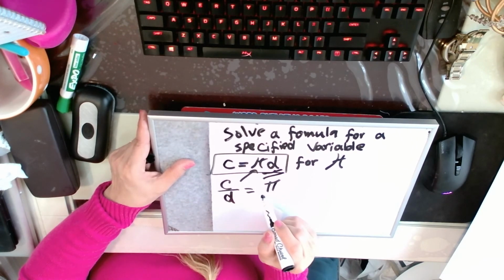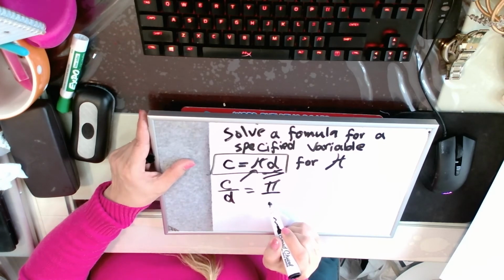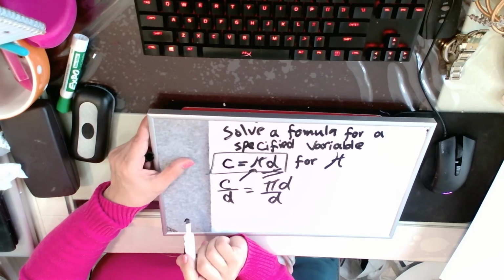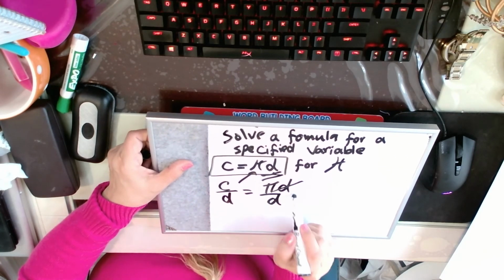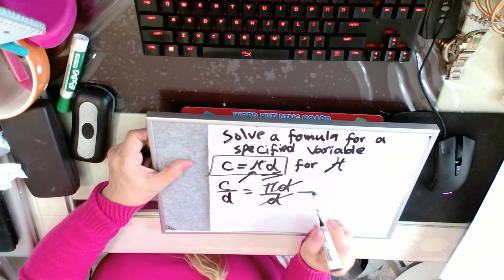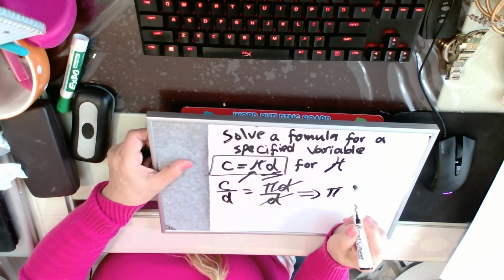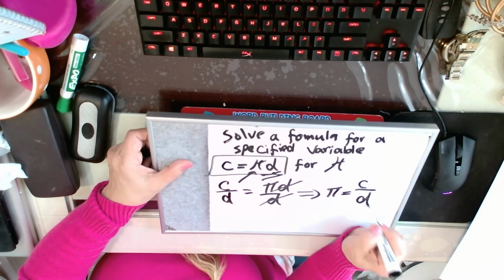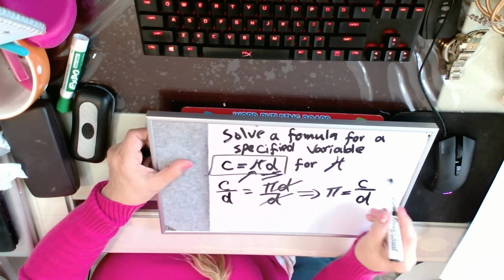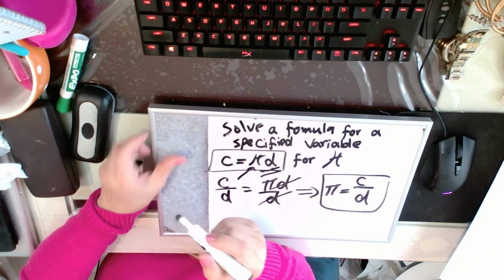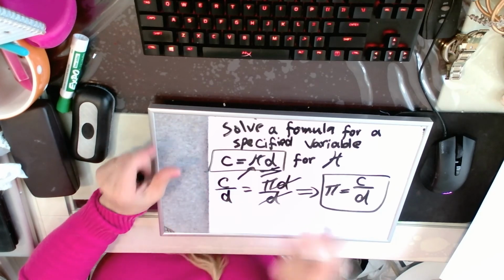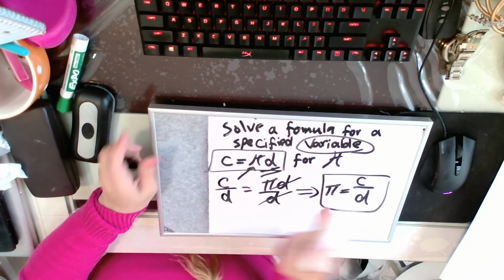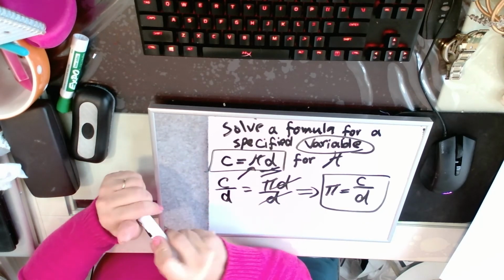Pi d over pi, right? So this one's gonna go, means d equals C over pi, you can switch it, okay? That's it. This is the answer. So any variable you solve, just make it on one side, and solve it.